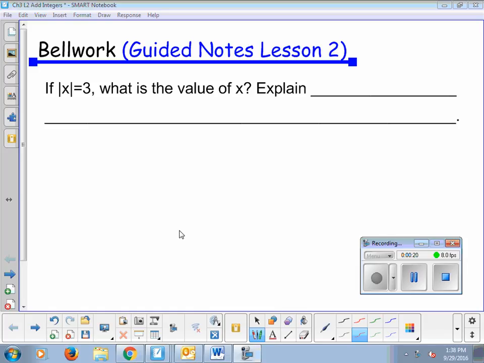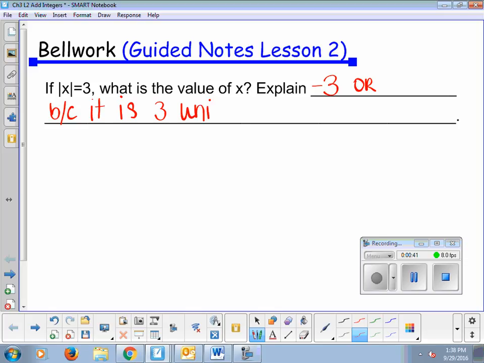I said it could be -3 because when you have the two bars on it, which moves that count away from the number, -3 is 3 spaces away from 0. Yep, so it could be -3 because it is 3 units away from 0 on a number line.